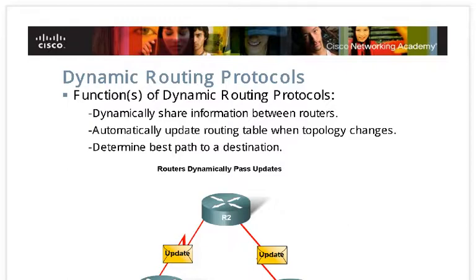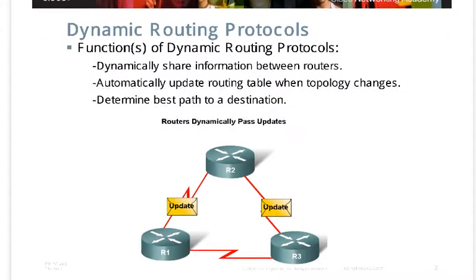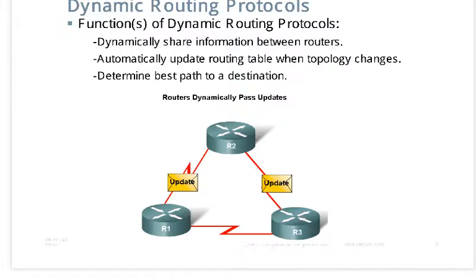So the main functions of the dynamic routing protocols are to dynamically share information between routers. So this information is supposed to be used to calculate the best route from one network that's connected on one of these routers.